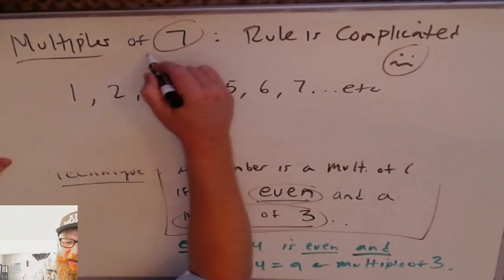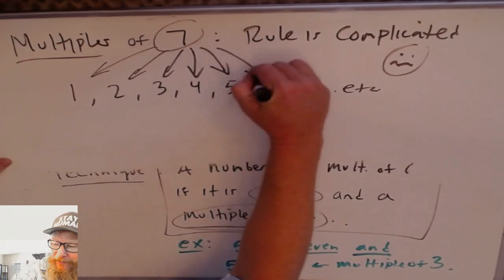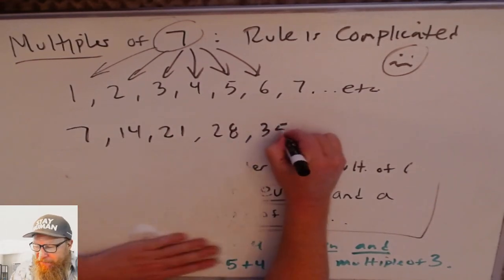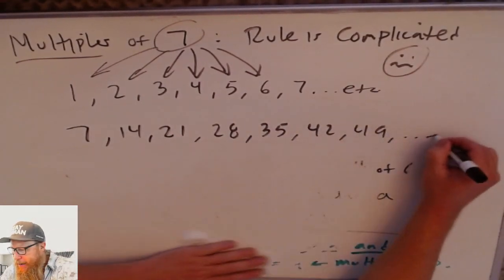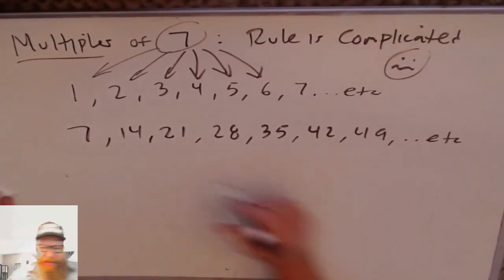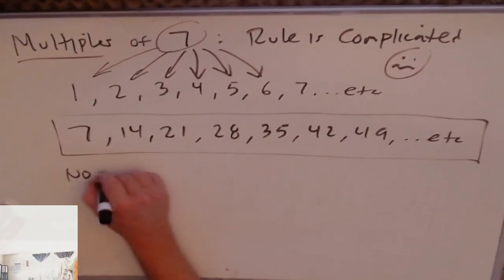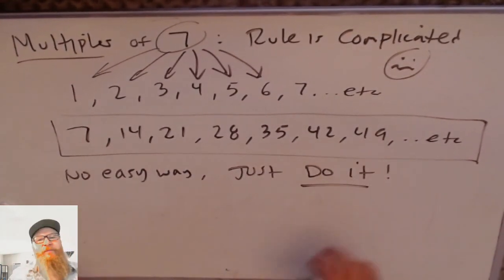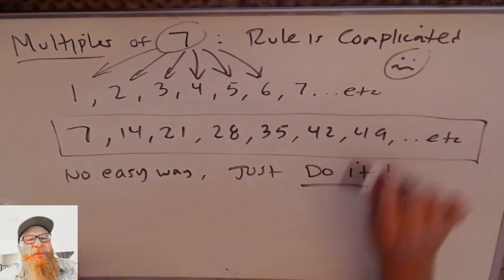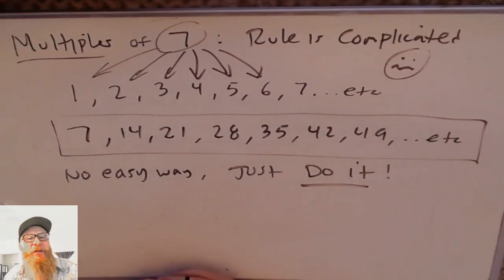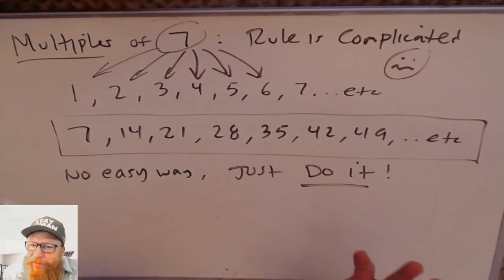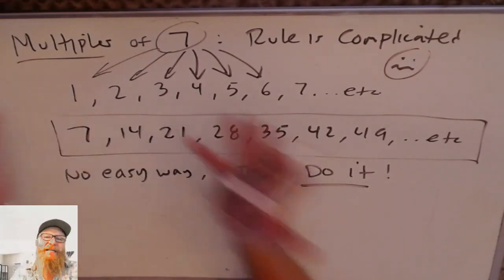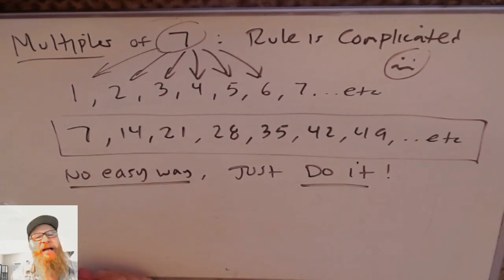So notice if you multiply all of these numbers by 7, you get 7, 14, 21, 28, 35, 42, 49, etc., etc. There really is no easy way. You just have to do it. If you want to know whether something is a multiple of 7, just multiply and see, or you could divide as well. We're going to get into division later in this lesson. I'm not teaching you a trick for 7. There is no nice way.